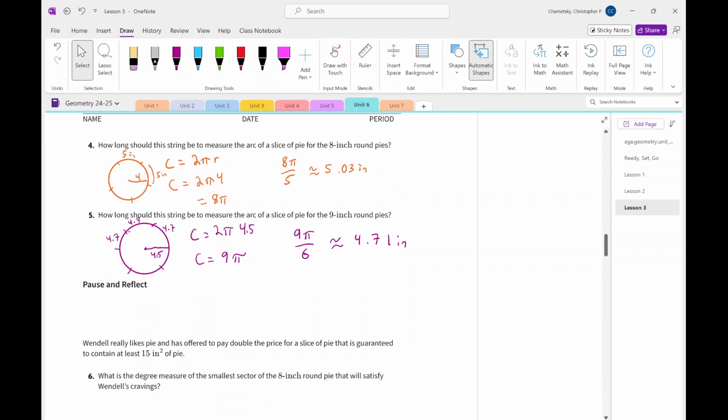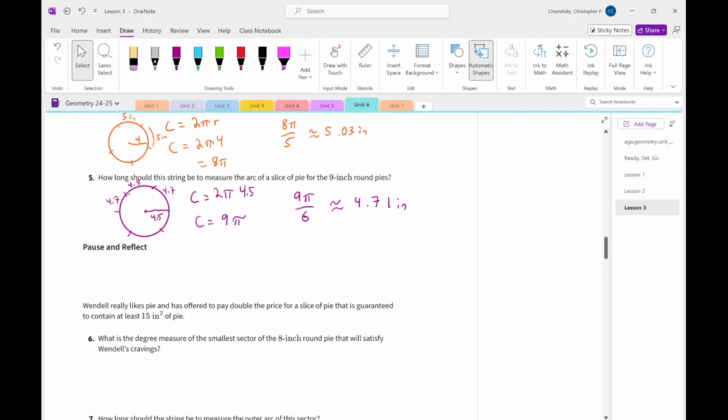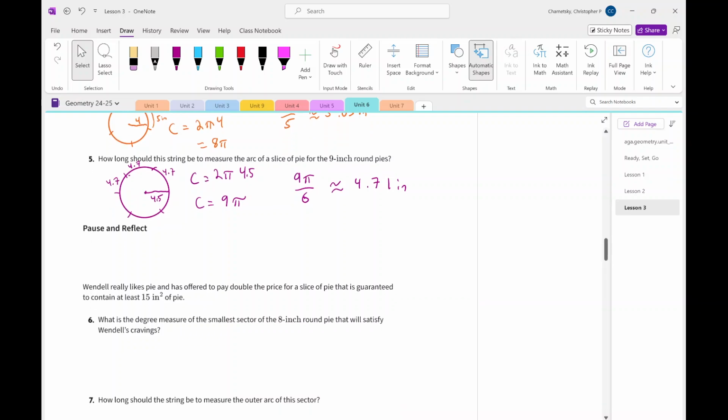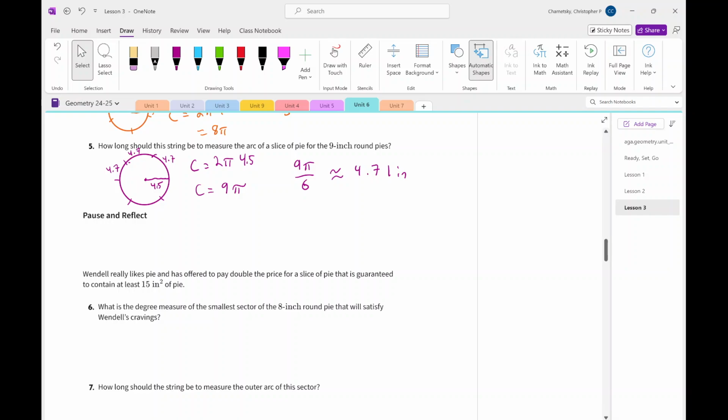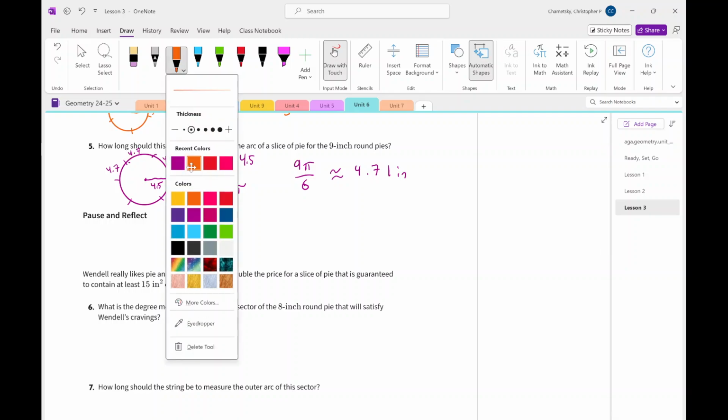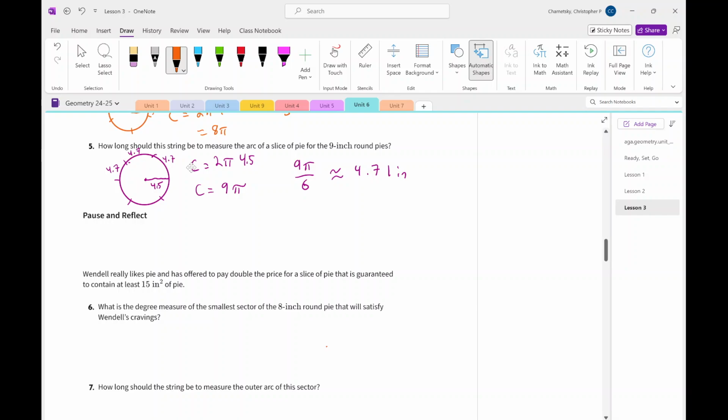We have a friend here, Wendell, who really likes pie, and he's going to get exactly how much area of pie he wants. He wants at least 15 square inches of pie. So the question is, if we're working with the 8-inch pie, what is the small sector of the 8-inch round pie that will satisfy Wendell's cravings?